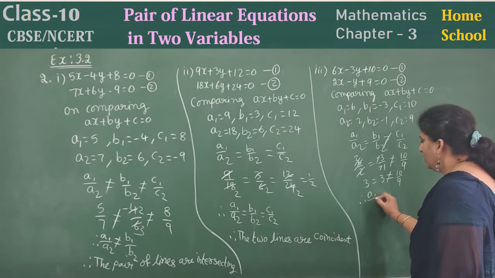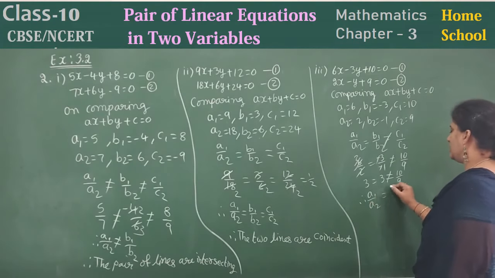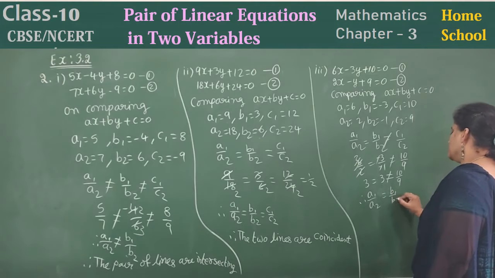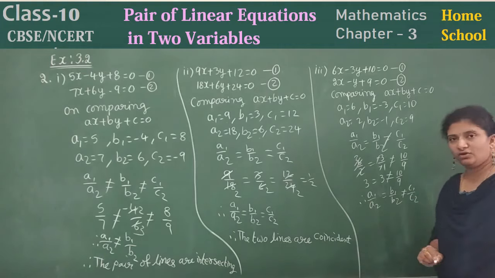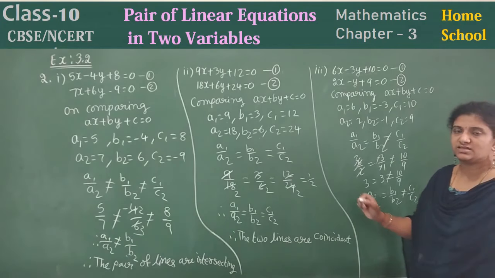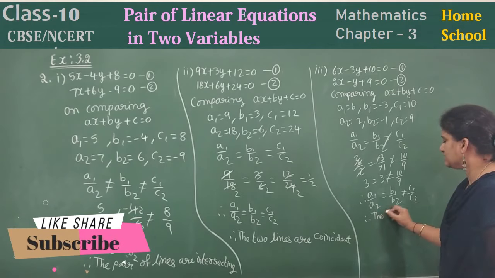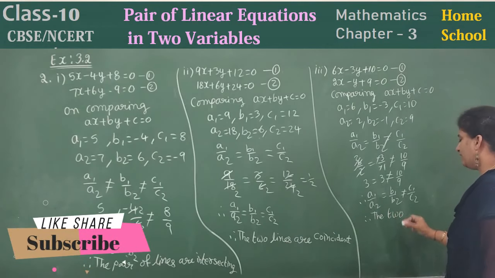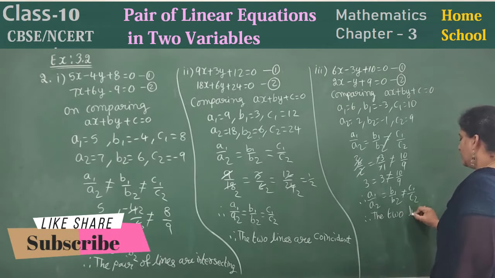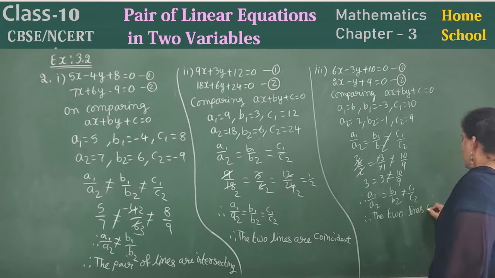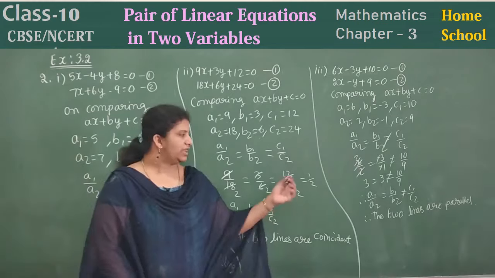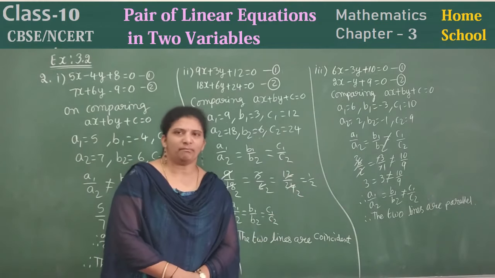Therefore a1 by a2 is equal to b1 by b2 is not equal to c1 by c2. If you get like this, what you can say? Therefore the two lines, how will they be graphically? Therefore the two lines will be parallel.